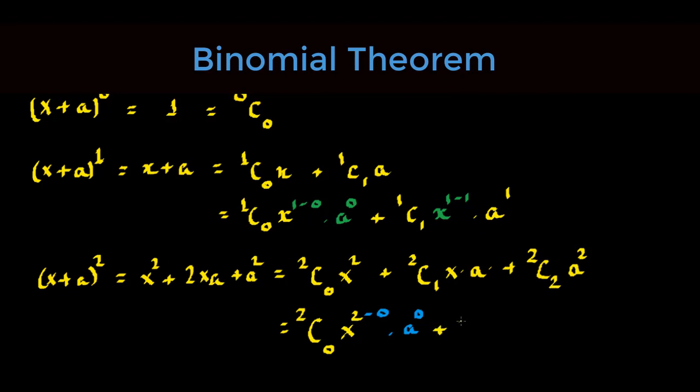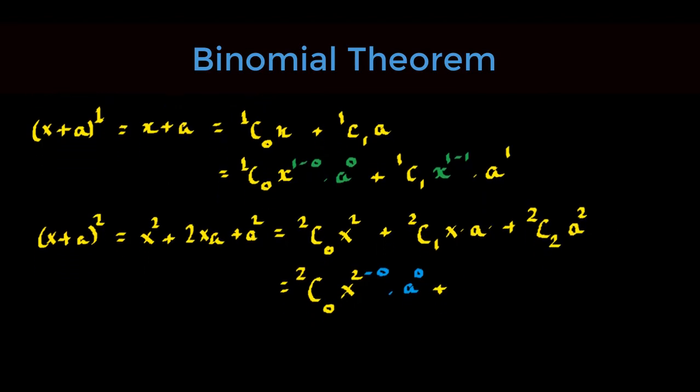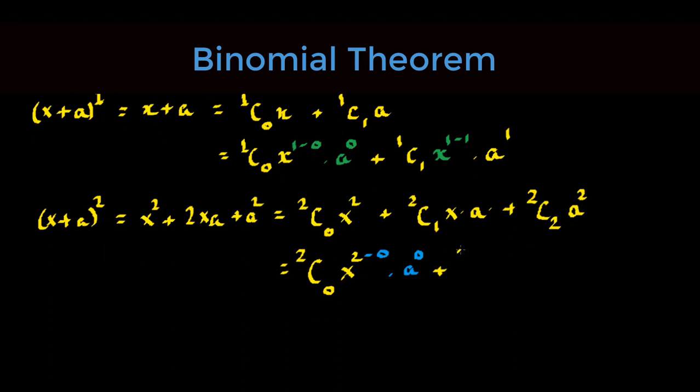Instead of 2c1, no, 2c1 will stay the same, so it's 2c1 x. The index of x is 1, but instead I'm going to write here 2 minus 1. And for a, there is no change here. a stays as a, index of 1.